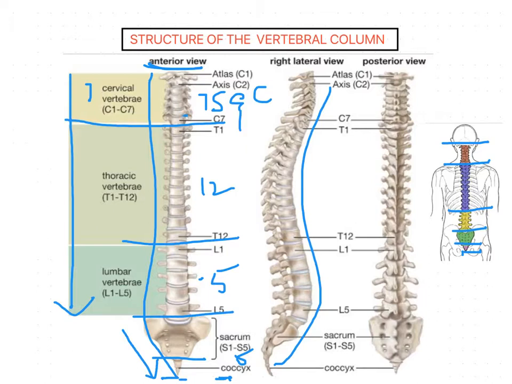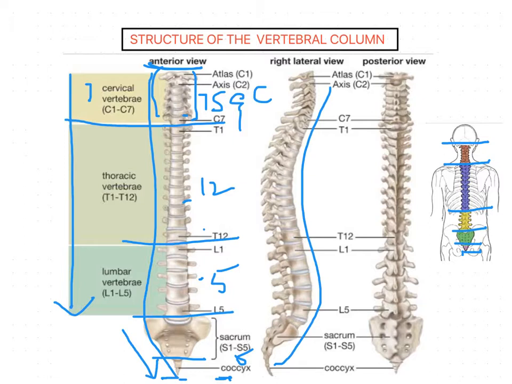For these two functions, the 7 cervical vertebrae are enough. In the thoracic region the function changes, because the thoracic vertebrae, not only having mobility, have some additional attachments called ribs, which give protection to the internal organs, isn't it?